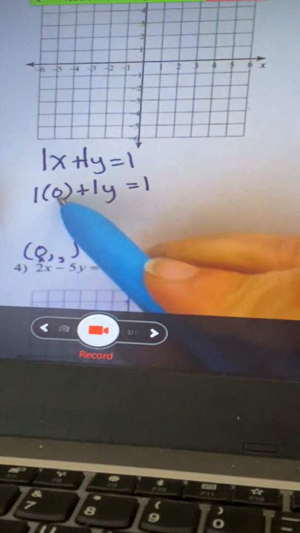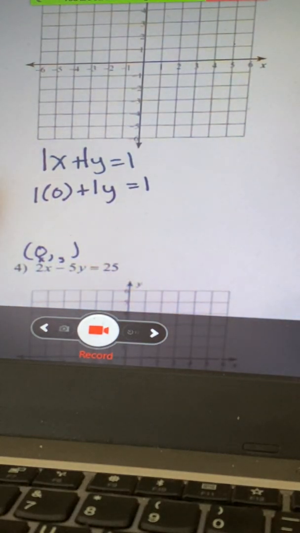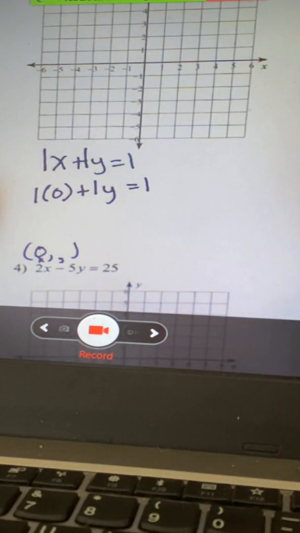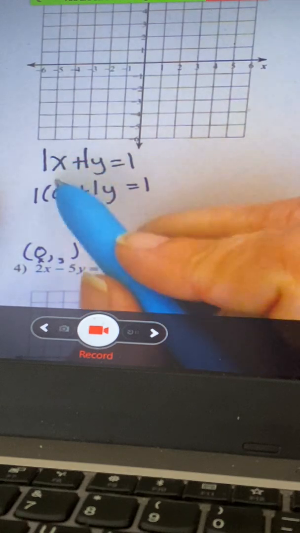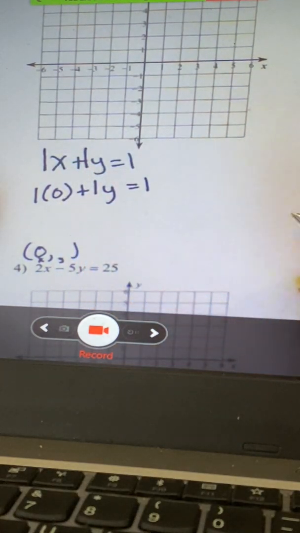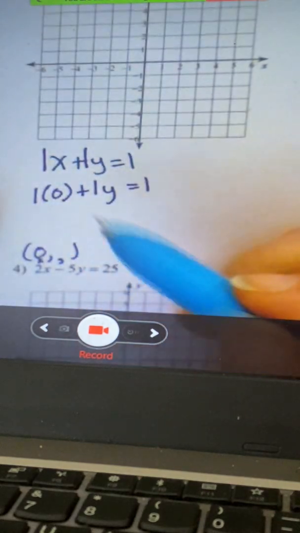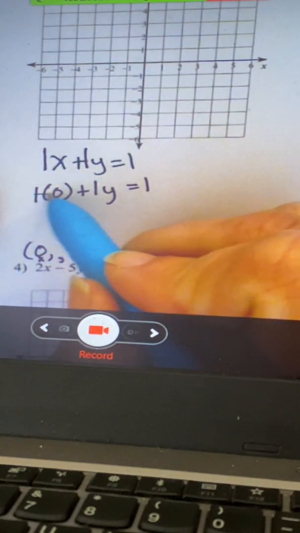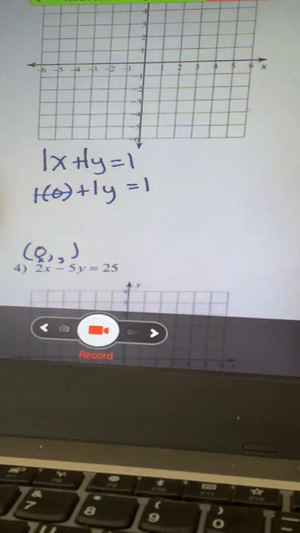So I plug the 0 in for x, right? 1 times 0 goes away.